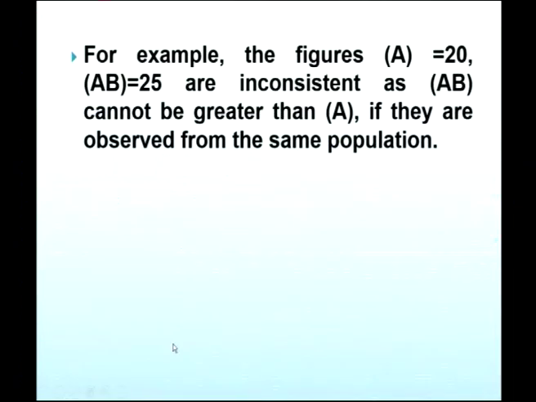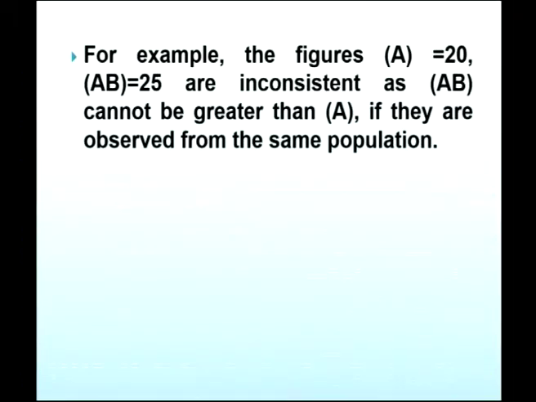For example, the figures (A) equal to 20 means possession of the attribute A is with 20 persons, and (AB) equal to 25 is contrary, right? The possession of attribute A is with 20 members. So, AB represents possession of attribute A and then B. So, it should be less than 20 only.